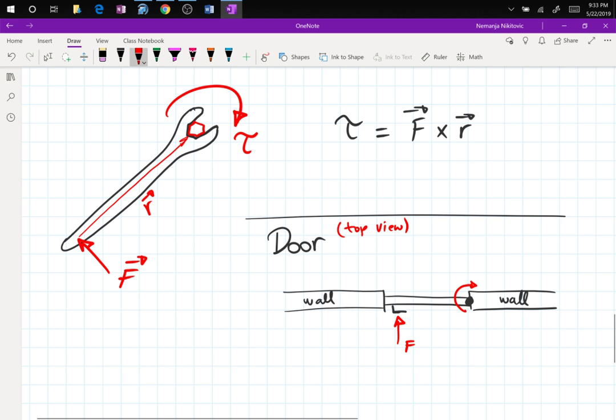And you can try the experiment as you are leaving the classroom. If you're pushing the middle of the door, it's harder than if you're using the handle. And if you're pushing right next to the hinges on the completely opposite side from the handle, it is very difficult to open the door. Bye.